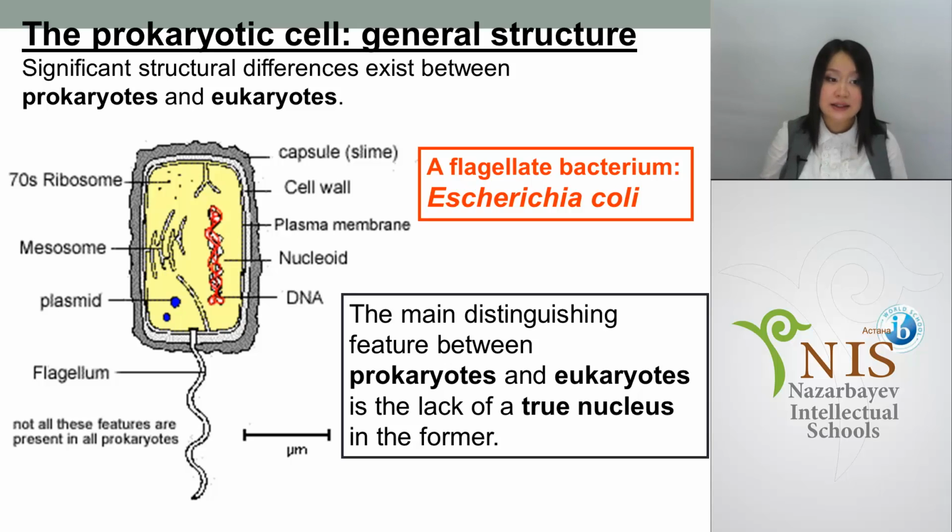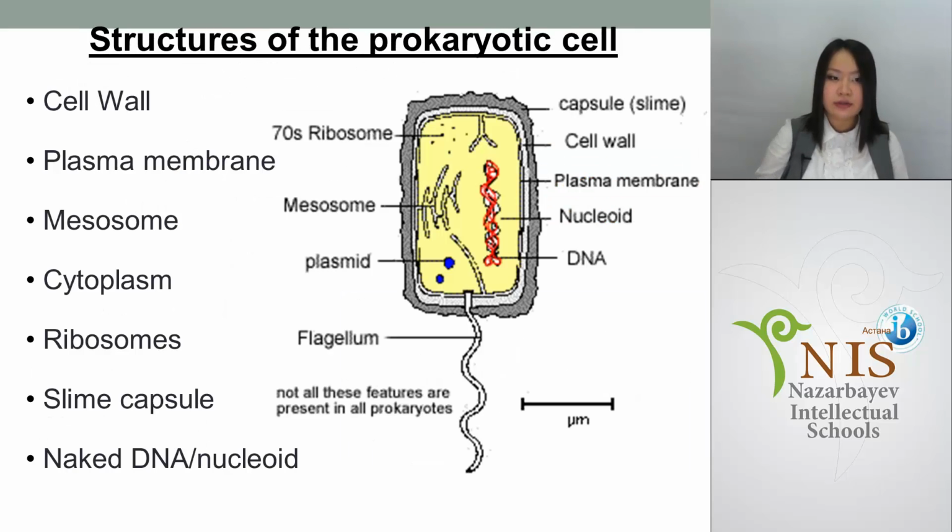The ribosome exactly is a 70S ribosome. And you could see here a flagellum. Some bacteria have a flagellum. What is the function of the flagellum? It helps bacteria to move. Not all these features are present in all prokaryotes, not always.